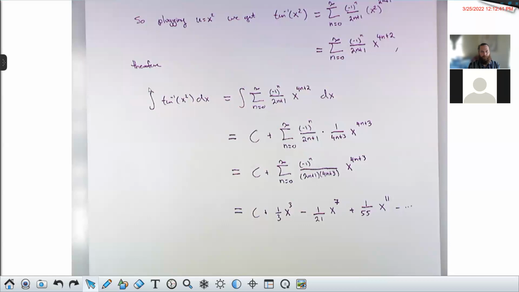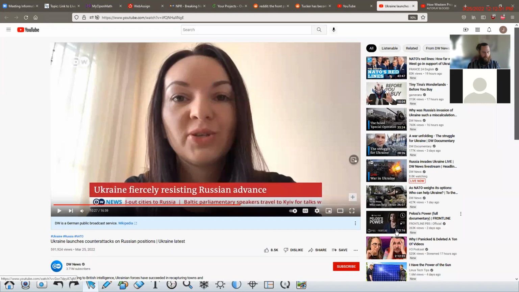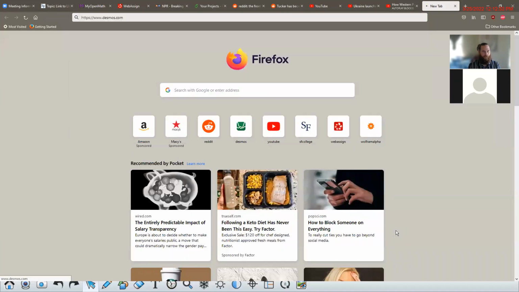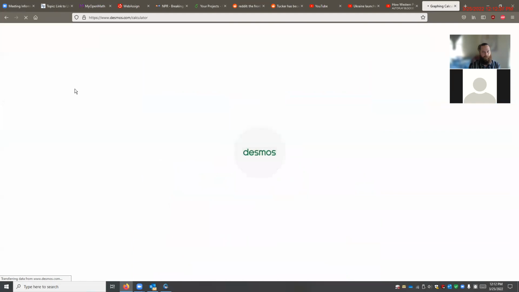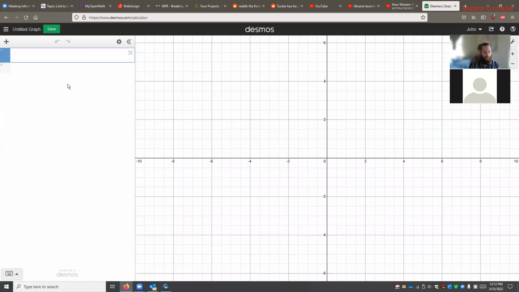What I want to do is compare this function evaluated by Desmos as a graph to this function. And the way I'm going to do that is by asking Desmos to graph both of them. And I want you to watch this.